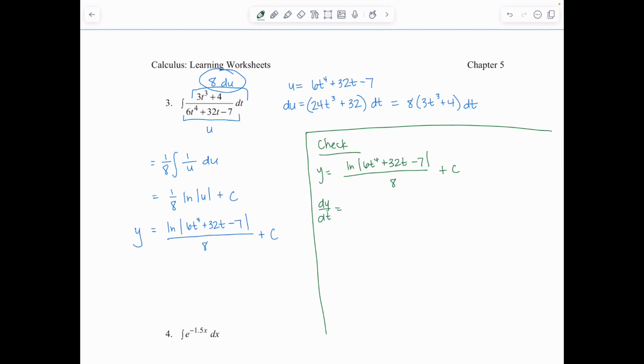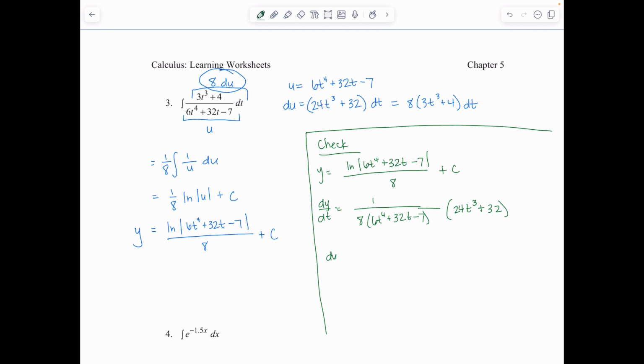We'll have 1 over 8 times everything inside, 6t to the 4th plus 32t minus 7. And then chain rule, derivative of the inside. So we have 24t cubed plus 32.